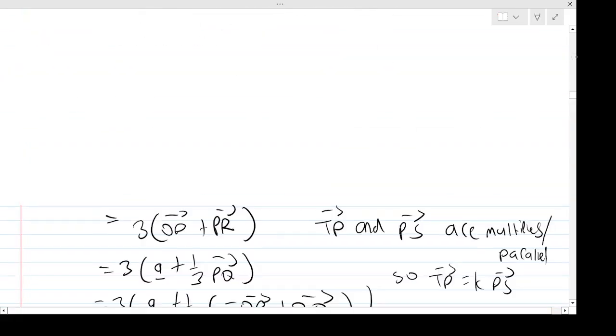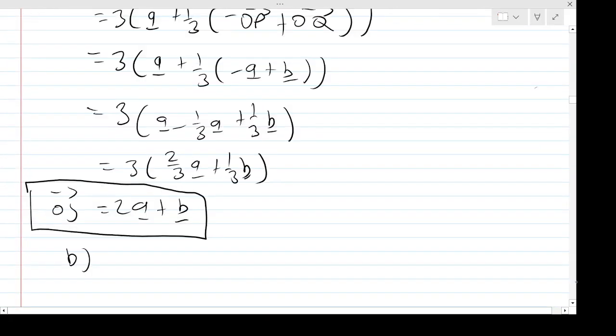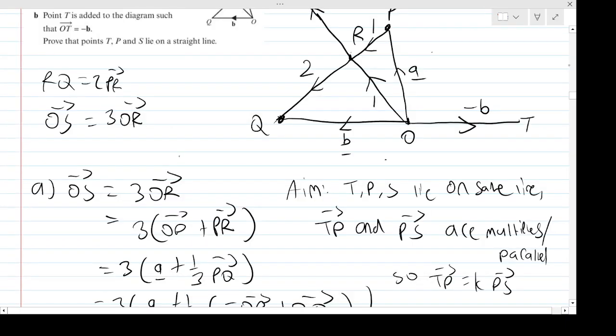So then we're going to consider the vector TP, first of all. I could also find another possible vector, T to S as well. Okay, that's another possibility. But I'm going to stick with these two and see where I go.